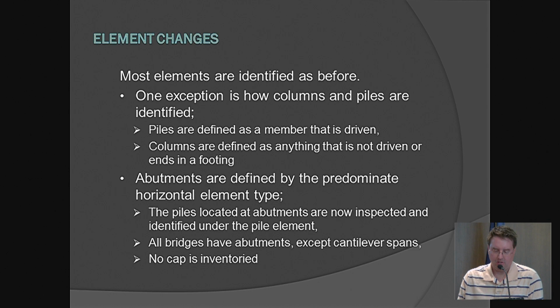And what I mean by that is, if we have a concrete cap, so that's a cap going horizontally, sitting on top of some timber pile, and you've got a timber back wall behind that, we're going to call that a concrete abutment because the main load carrying member is the horizontal concrete section.